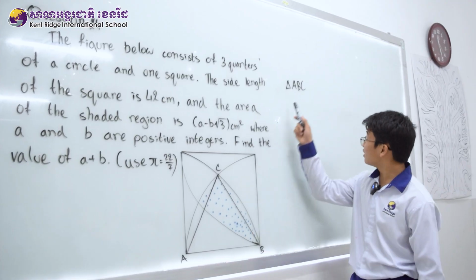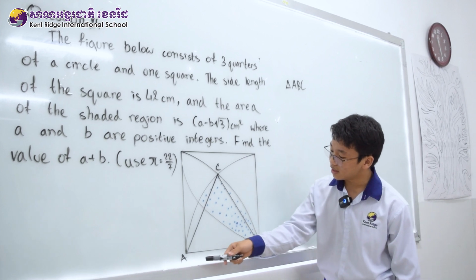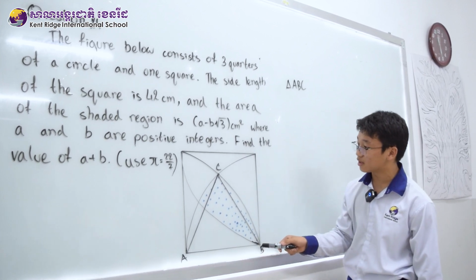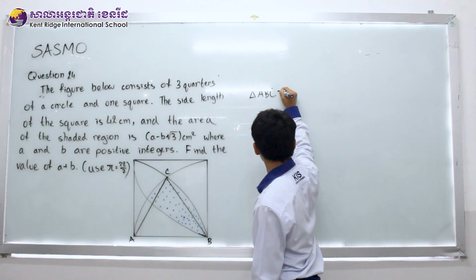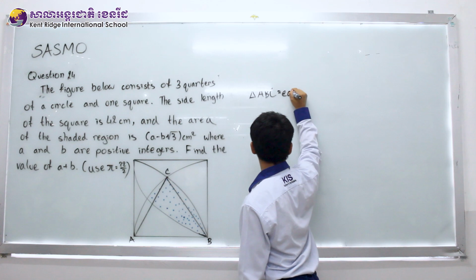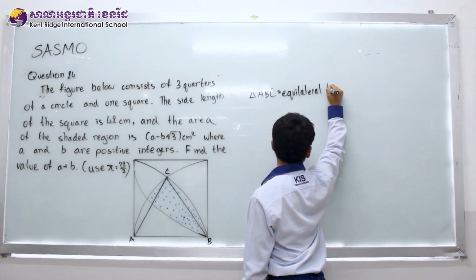So we know that triangle ABC is an equilateral triangle because the distance from AB is the same as the distance from BC, because they are quarters of a circle. So we'll just keep it here: ABC equals an equilateral triangle.